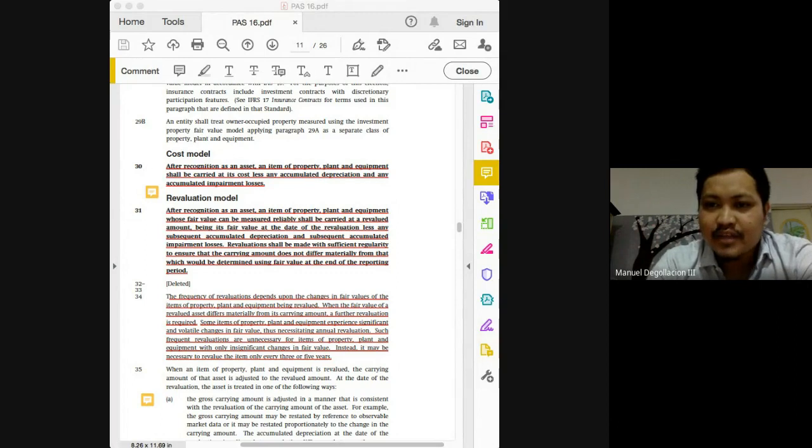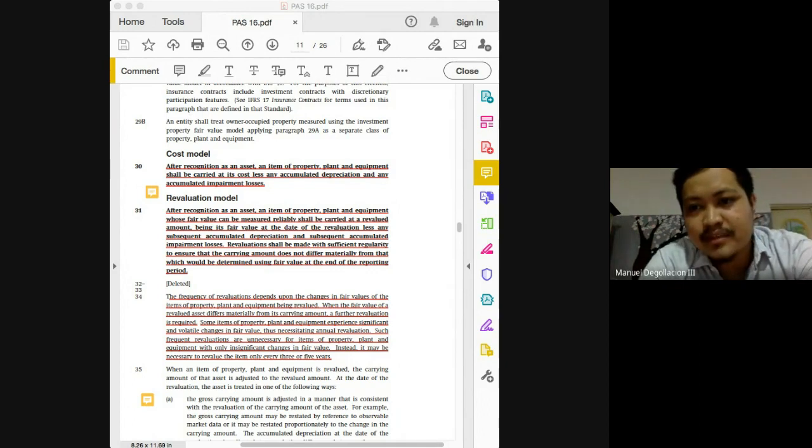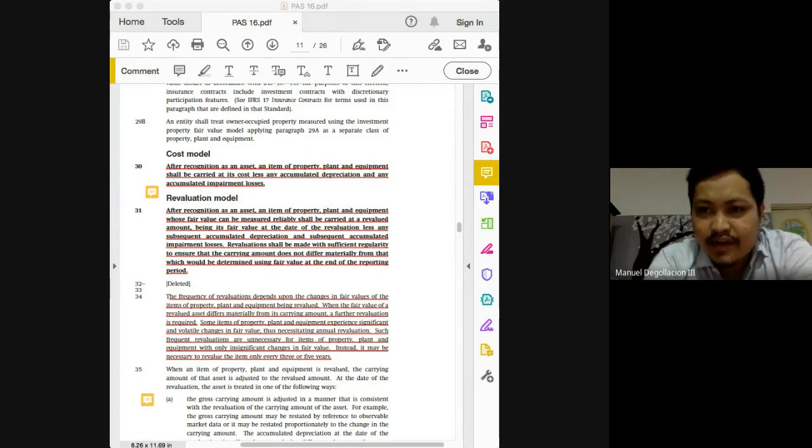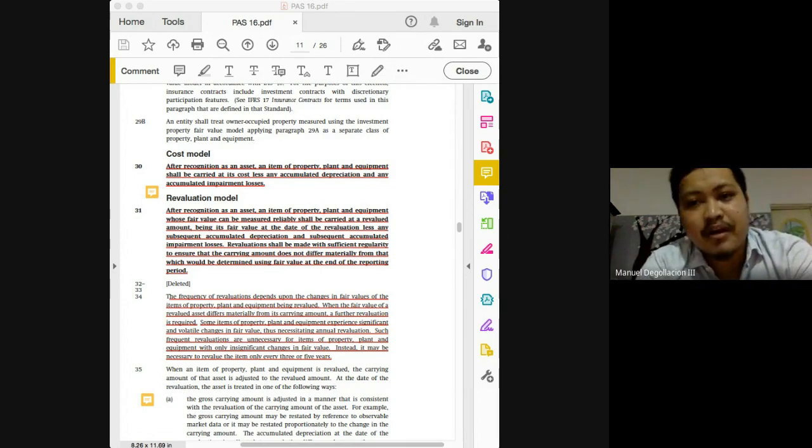Okay, so the difference between the two models class lies in how the property, plant, and equipment is subsequently measured and presented. And again, that should be understandable at this point, because these options are available for the purposes of the subsequent measurement of our PPE. Okay, so just to reiterate class, under the cost model, the carrying amount of the PPE is equal to its original or historical cost minus accumulated depreciation and impairment losses.